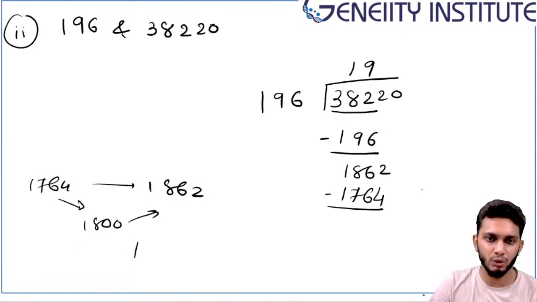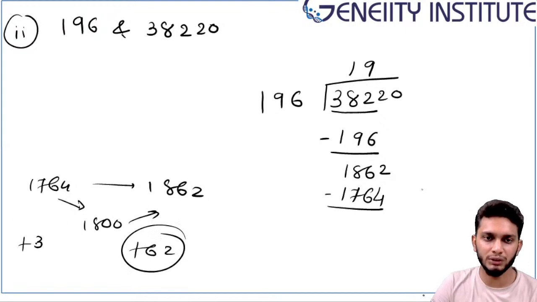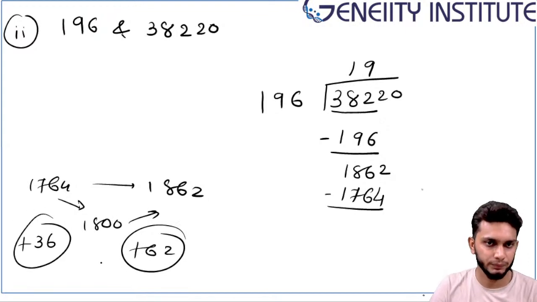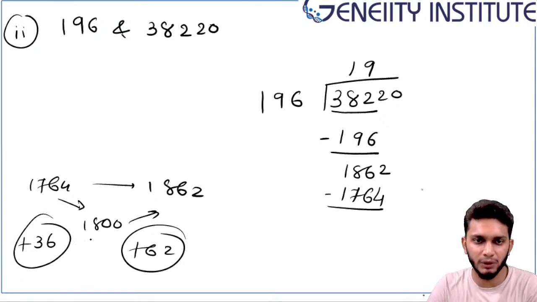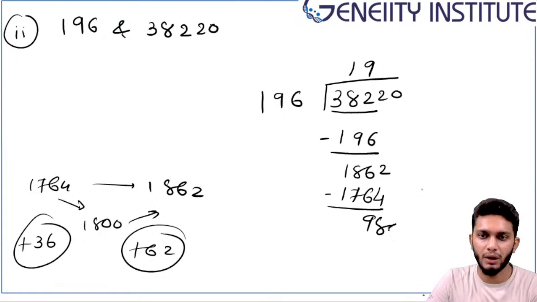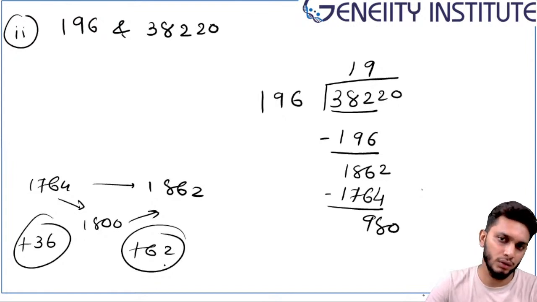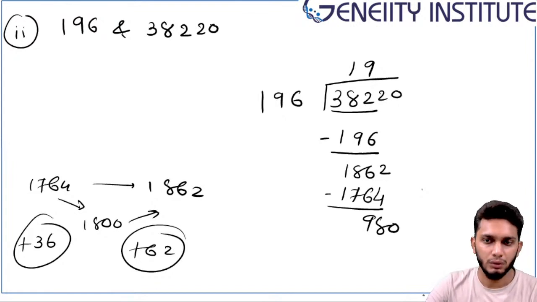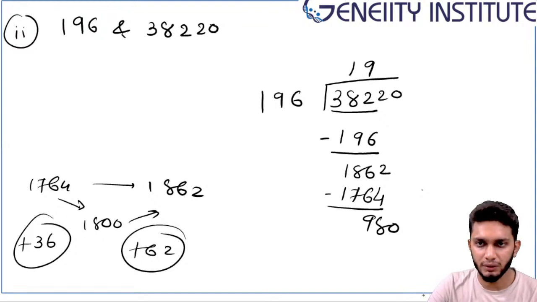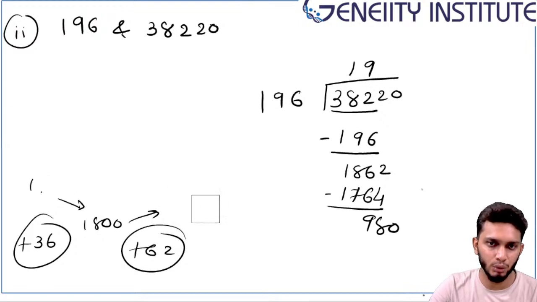Okay, then from here we want plus 62, and from here to here we want plus 36. Okay, so addition of both, 60 plus 30, 90 plus 8, so 98 and 0. Okay, plus 98 and 0 over, so 980.